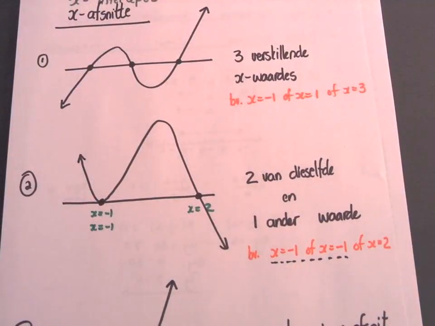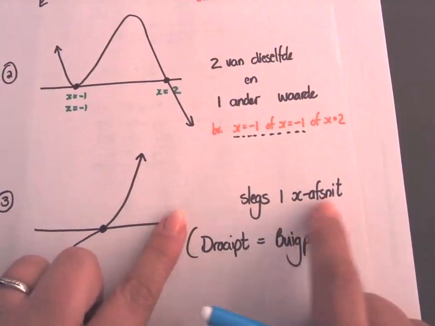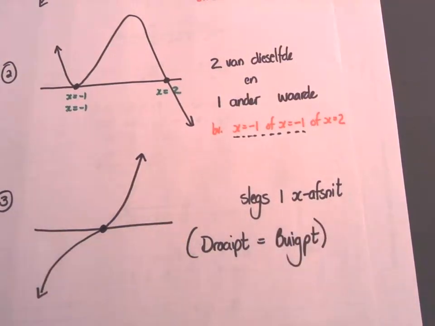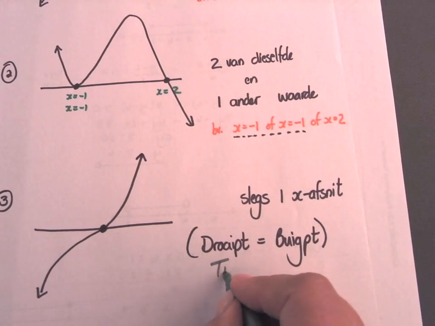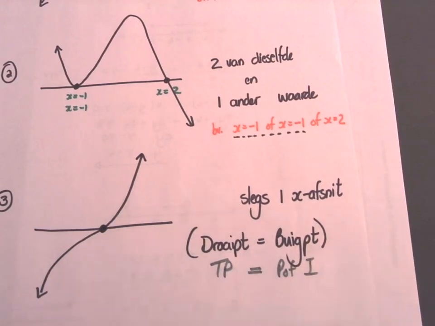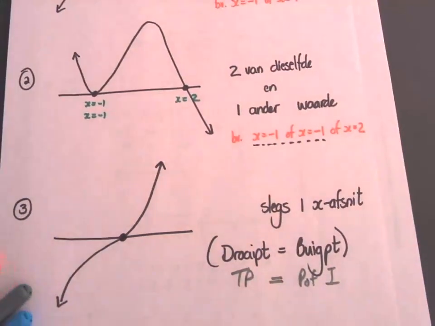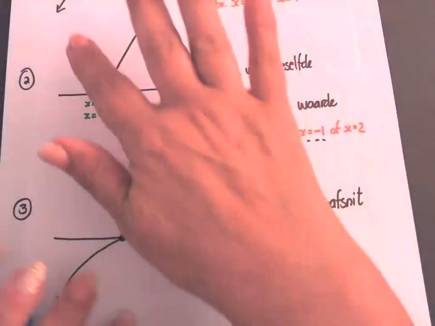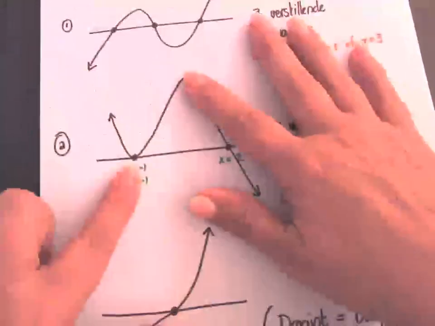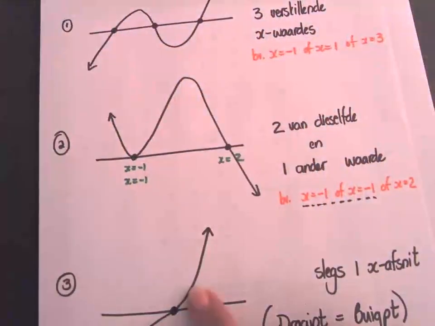If you have only one x-intercept and you work out your turning point and your point of inflection, and they are the same coordinate, that means that the graph is not two turning points, but we shifted it a little bit to look like a propeller.